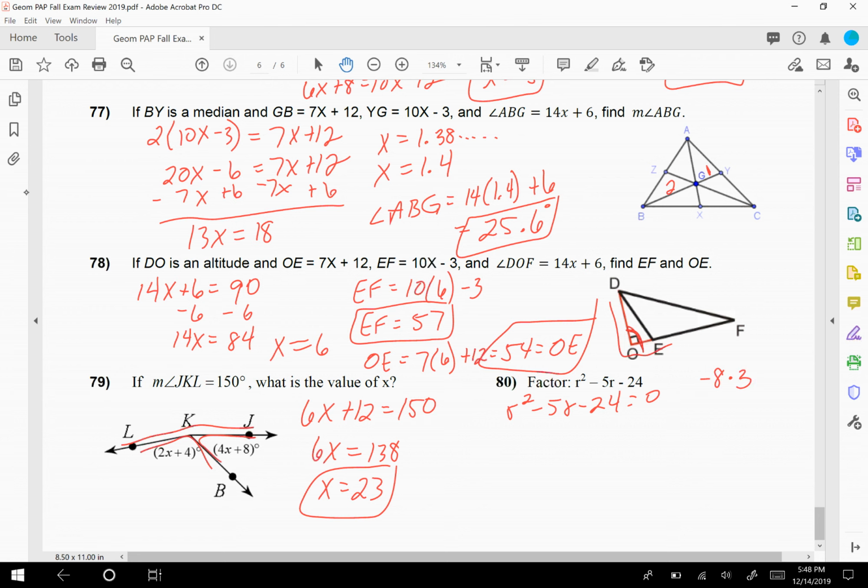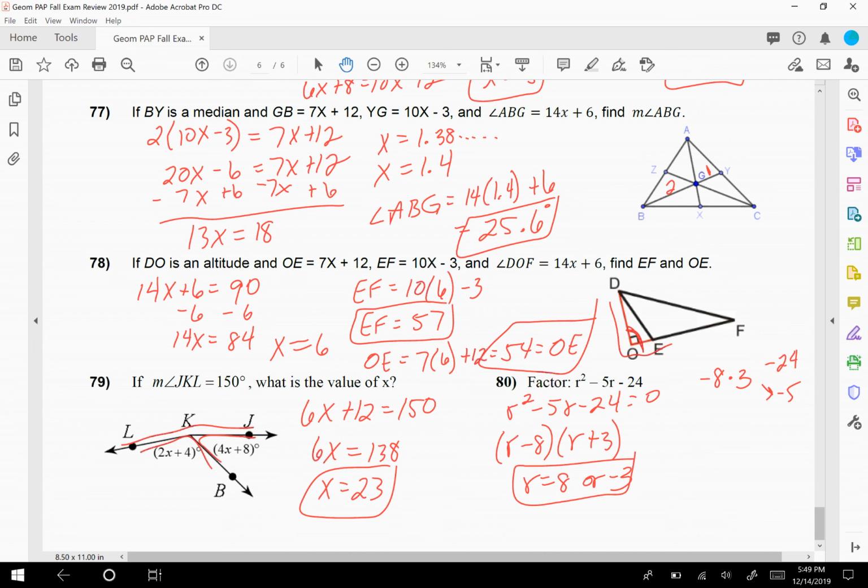If I do negative 8 times positive 3, I get negative 24. But then when I add them, I get negative 5, which is what we need. So we have r minus 8 and r plus 3. So r is either 8 or negative 3.